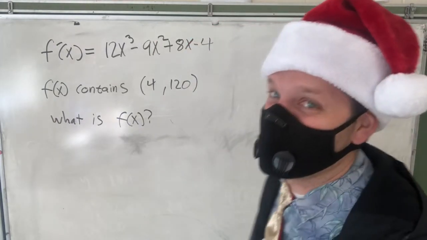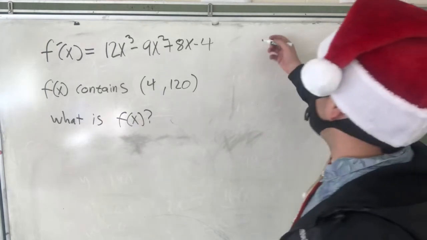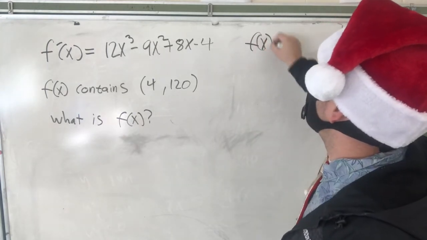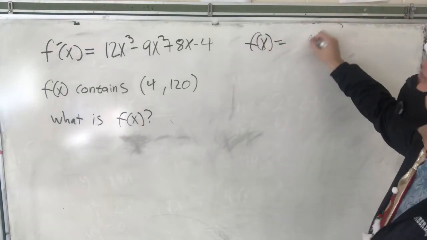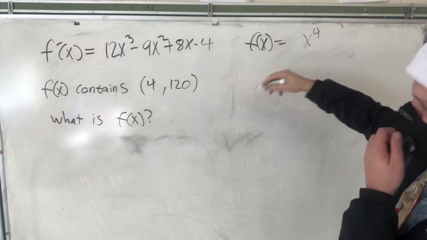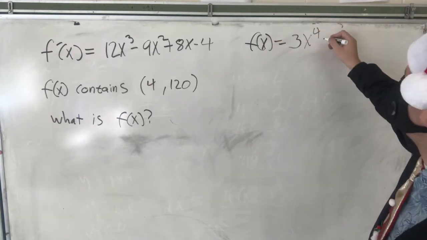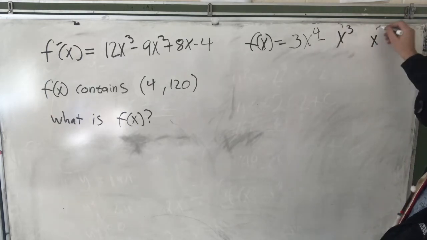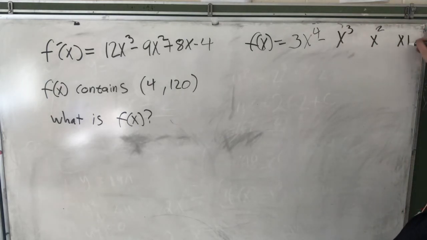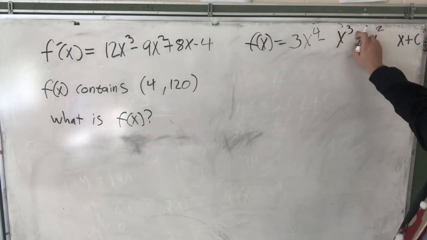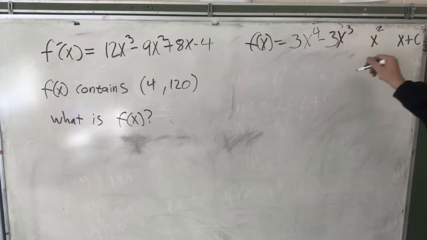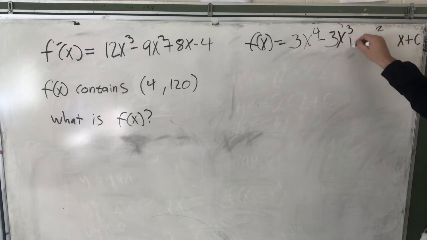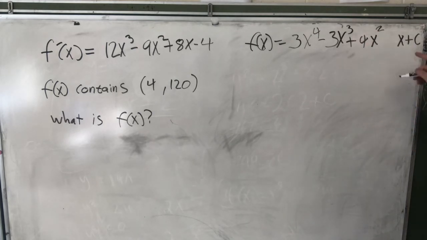All right, well, anyway, you should have paused the video. You should have the answer by now. Let's do this. So we have f of x equals, we've got x to the 4th, 4 times 3 is 12, minus x cubed, x squared, x plus c. 3 times negative 3 is 9, 2 times 4 is 8, negative 4, there we go.